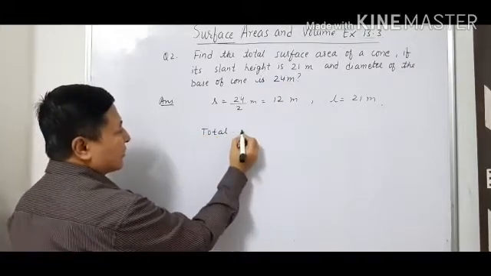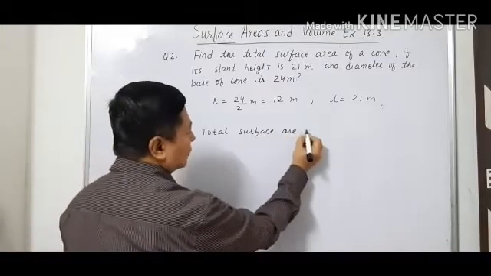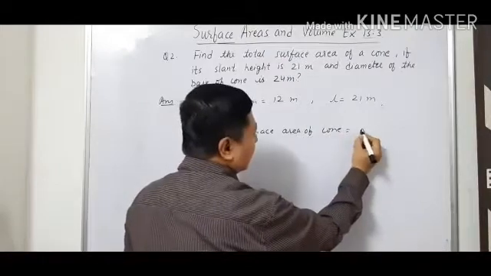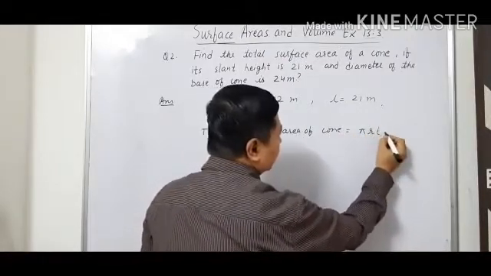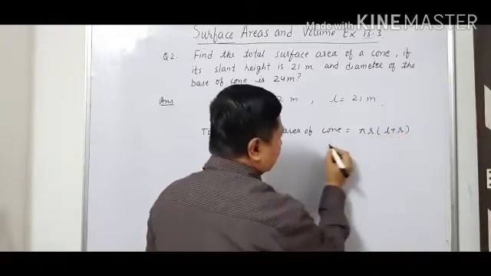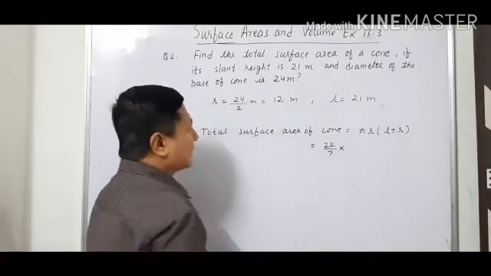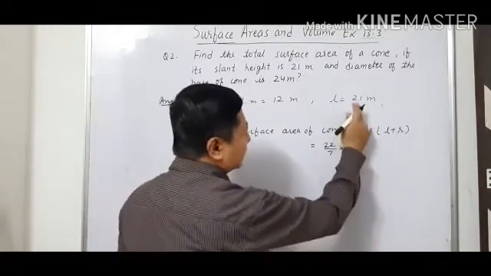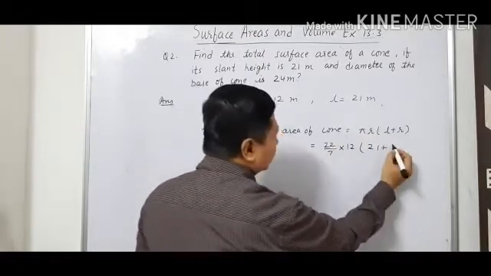Total surface area of cone, the formula is pi r (L plus r). Pi is 22 upon 7, r is 12 meter, L is 21, plus r again 12.